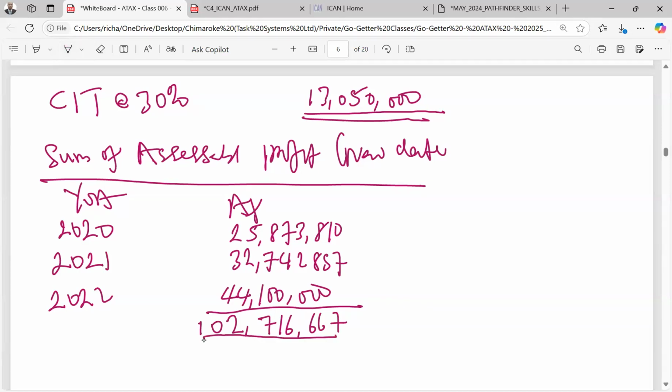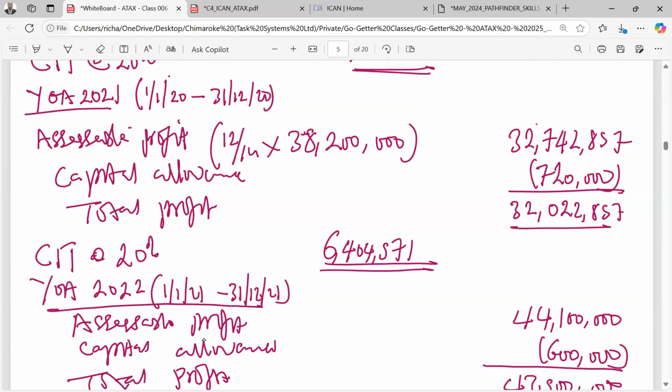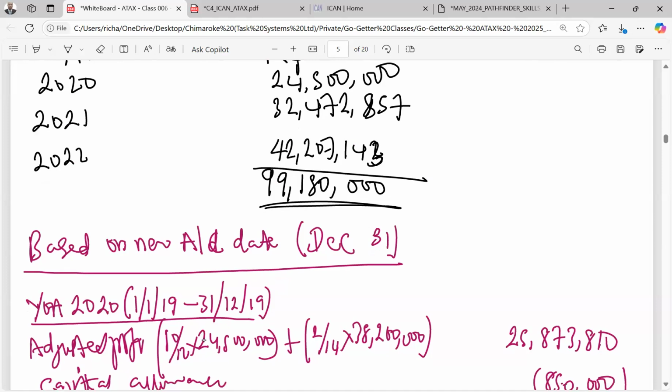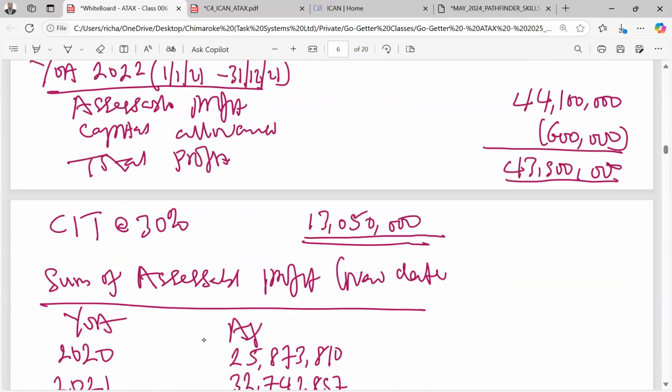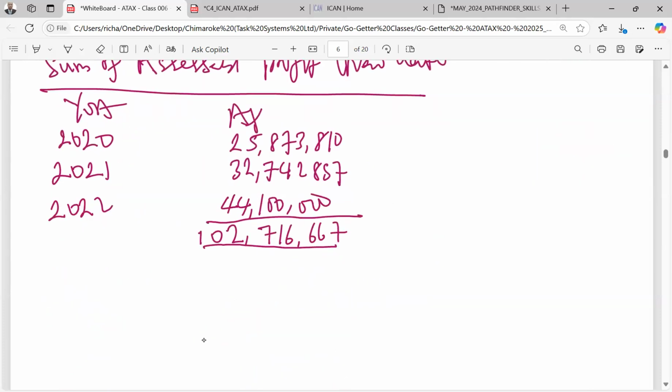Between this one and the old, which one is higher? The new date is higher. So it means that this is what we are going to present as the year of assessment, based on the new.